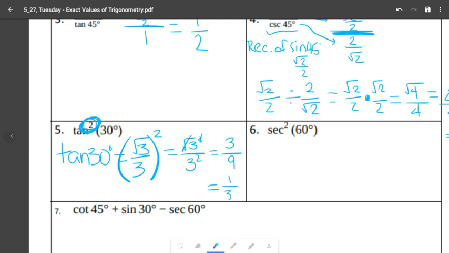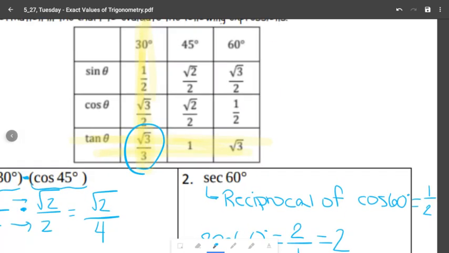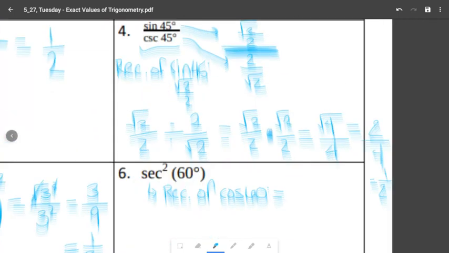There we go. Number 6, secant squared of 60 degrees. Secant, remember, is the reciprocal of cosine. Cosine of 60, we have cosine 60 is 1/2.